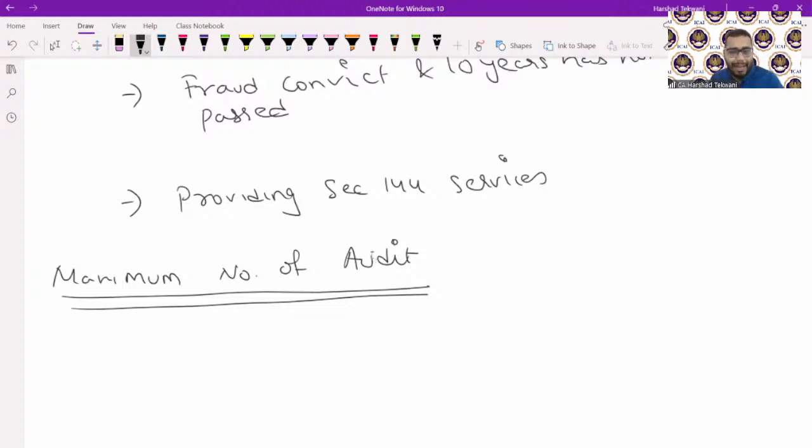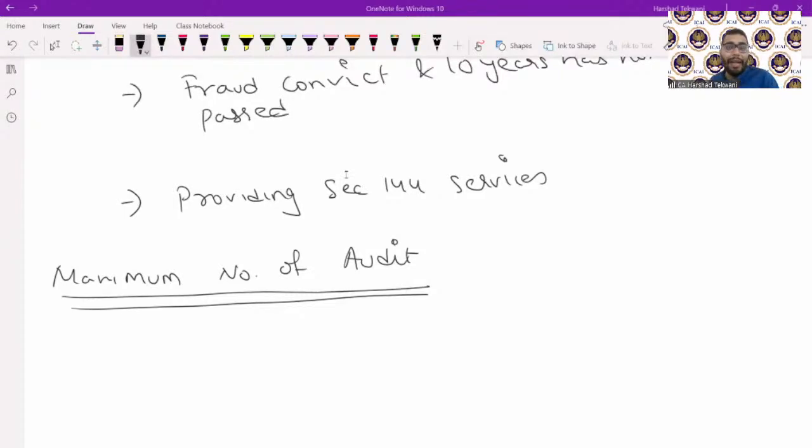Now there is a ceiling provided in the Companies Act also on how many audits a chartered accountant in practice is eligible to take. That section says that a person who is in full time employment elsewhere, or a partner of a firm, if such person or partner at the date of such appointment holds appointment as an auditor of more than 20 companies.